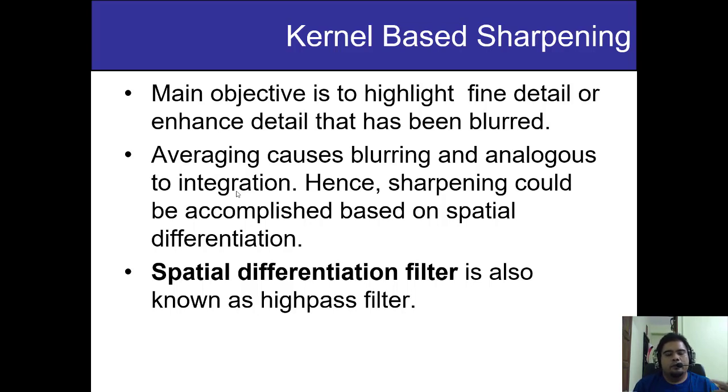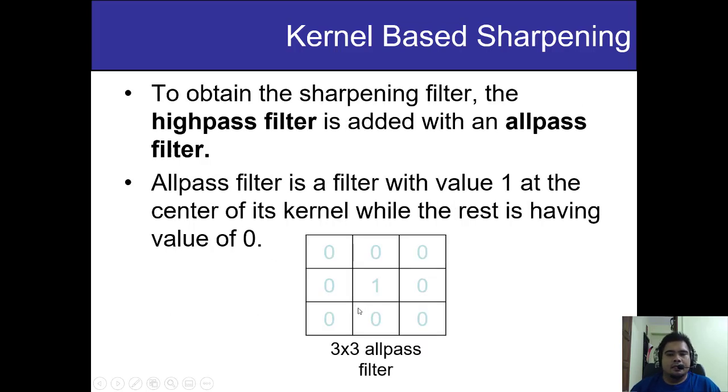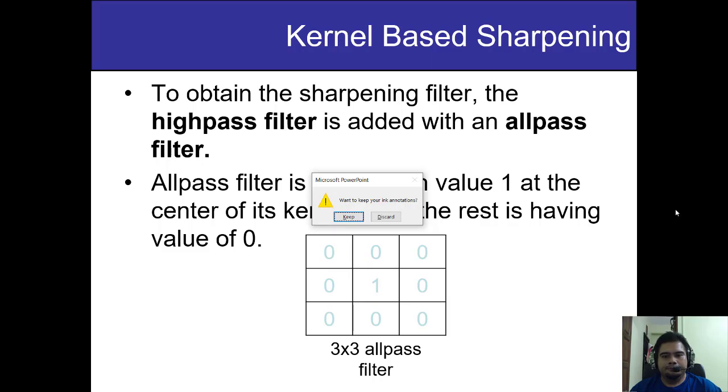One is what we know as a spatial differential filter, or in some books they call it a high pass filter. Another one is an all pass filter. So in order for you to get a clear picture of how to operate a sharpening filtering operation, let's take a look at this whiteboard.